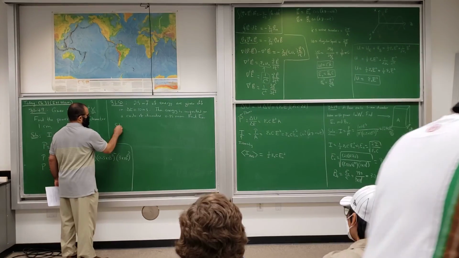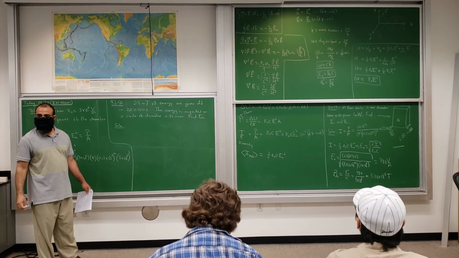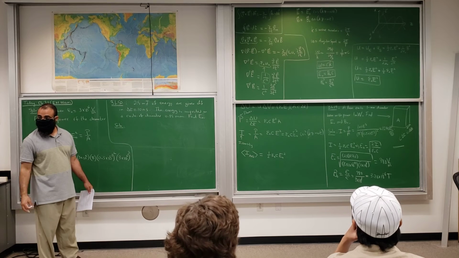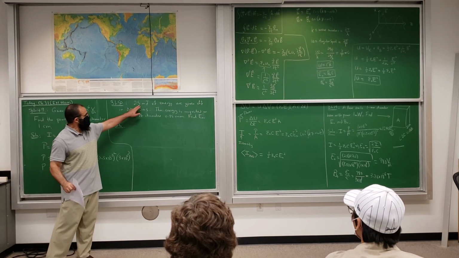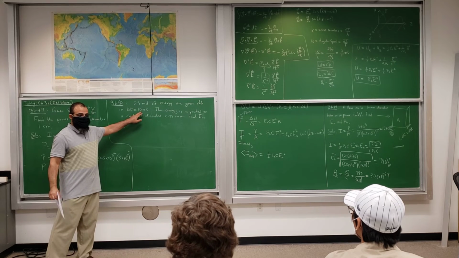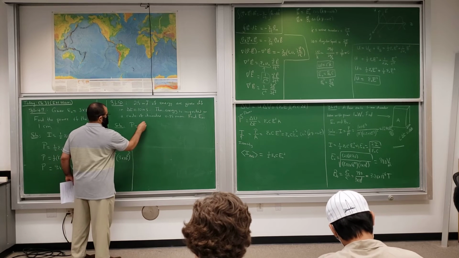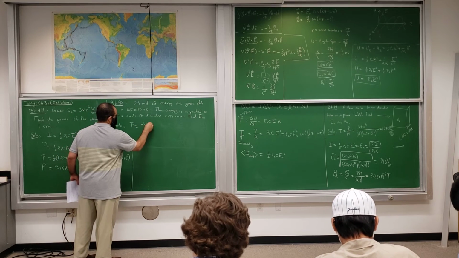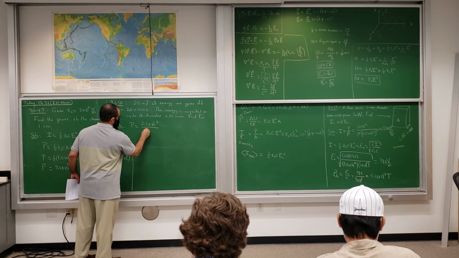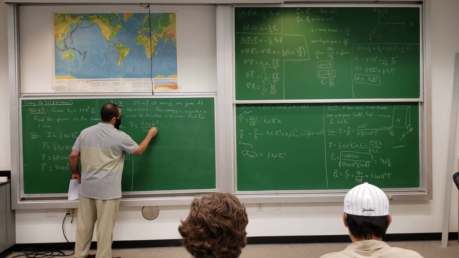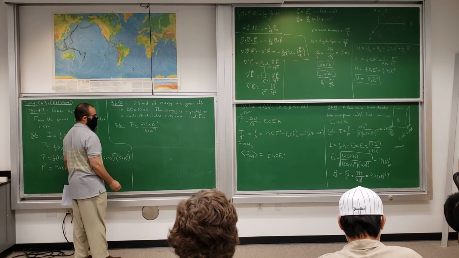Solution. You have energy and you have time. What do you do with that? Power, right? It gives up 2.5 millijoules in this much time. So the power is 2.5 times 10 to the minus 3 divided by the time, which is 10 times 10 to the minus 9, because nanoseconds means times 10 to the minus 9.